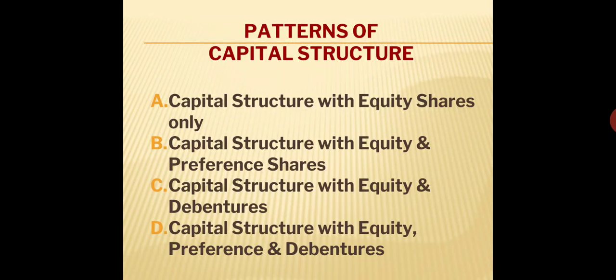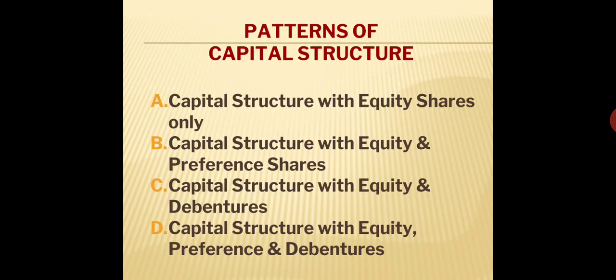So the interest on debt capital, that is debenture, is lower as compared to preference shares. So ultimately the company gets the benefit by providing lower interest to its debenture holders. So that's about the merits of capital structure with equity and debentures.